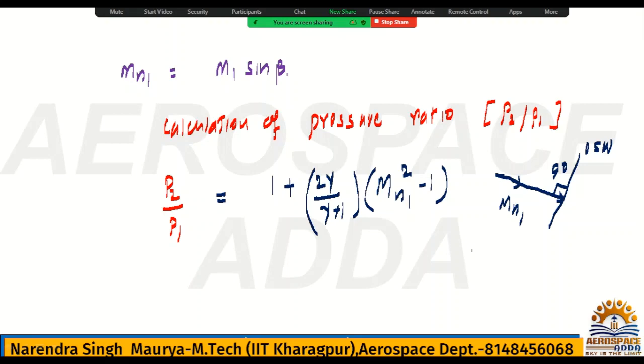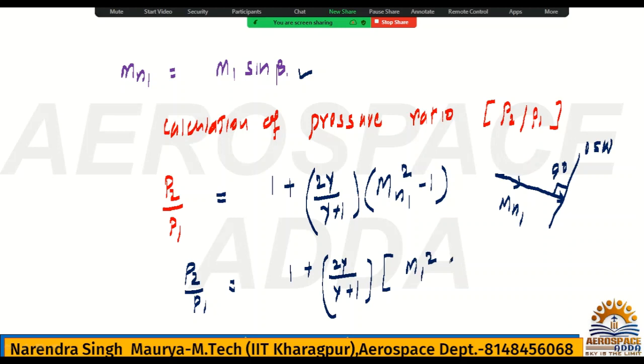Alright. Now, what is the Mn1? You know, so P2 by P1 is equal to 1 plus 2 gamma plus 1, and here in the bracket Mn1 is nothing but M1 sine beta, so this will be M1 square sine square beta minus 1.